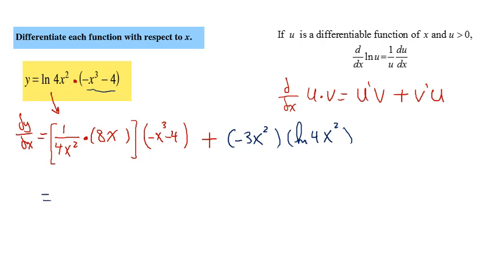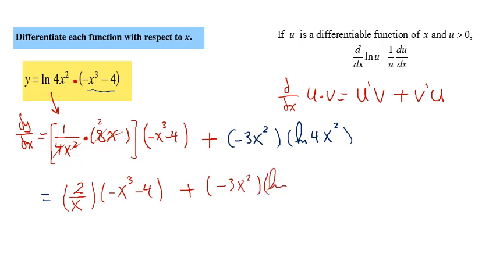Let's simplify it. Dividing by 4 gives me 2, and cancelling one of the x with the power, it's 2 over x multiplied by negative x to the power 3 minus 4, plus negative 3x squared multiplied by ln 4x squared.